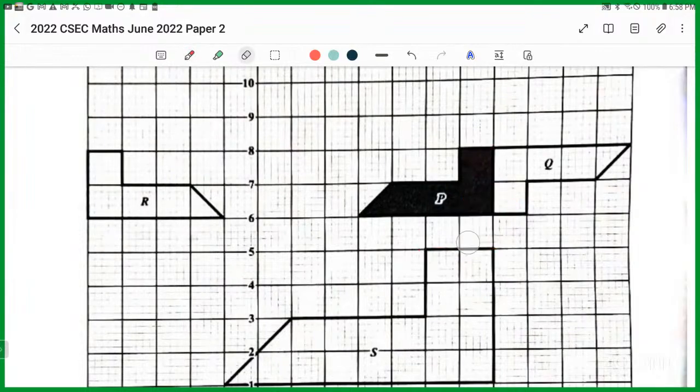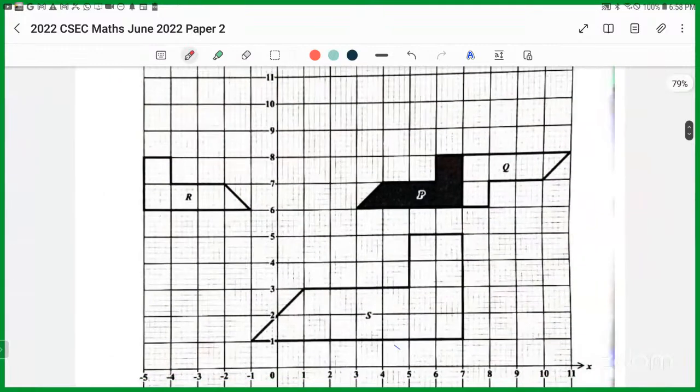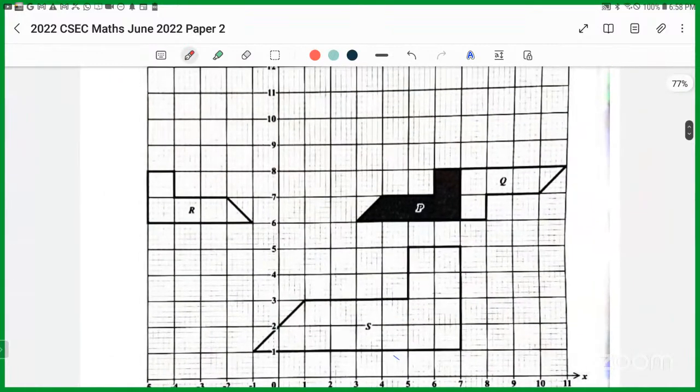All right, positive 2. Then to find the center of the enlargement, we need to construct lines joining corresponding points and extend them back to where they meet. For example, these 2 points are corresponding points. So we can go like this, joining these 2 corresponding points.